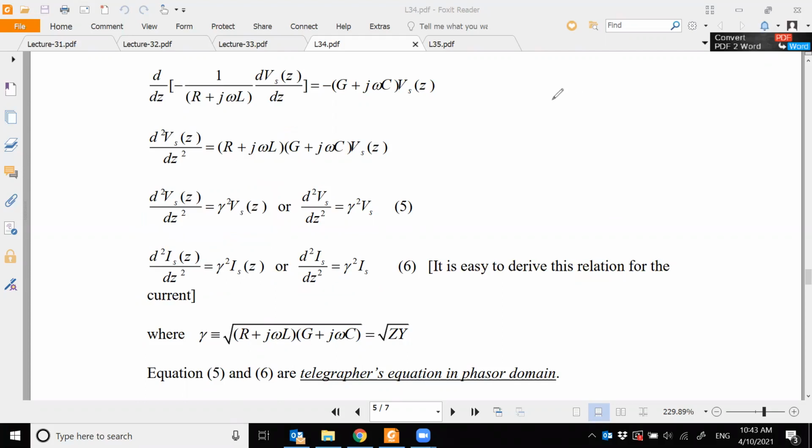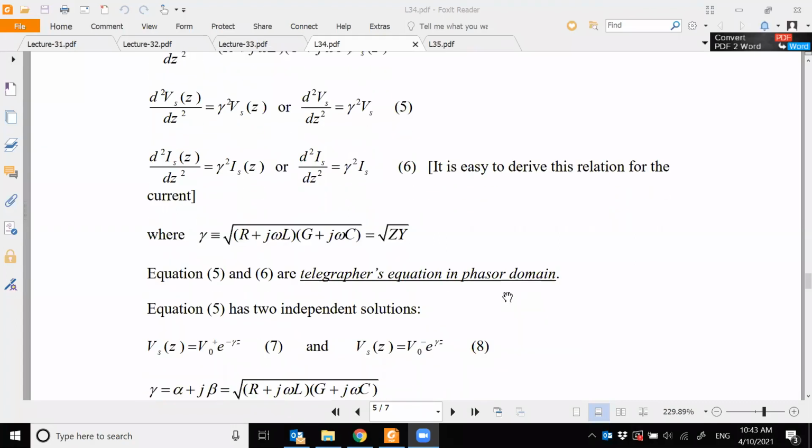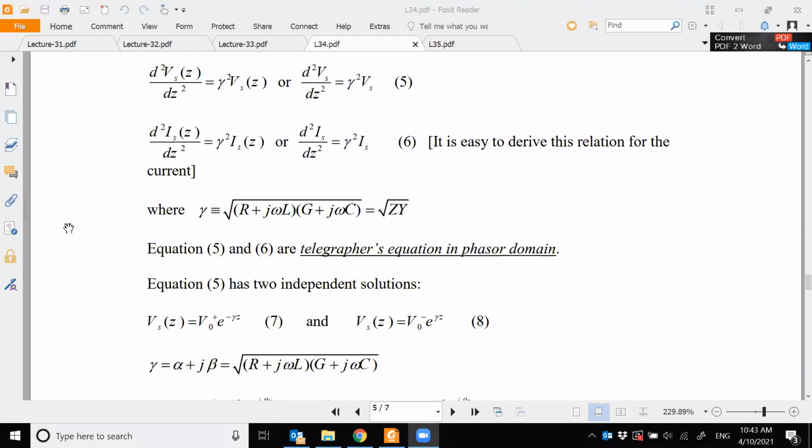Okay, so these equations are now your telegrapher's equations, but now in the phasor domain. Now we need to just solve them. So how do you solve it? It is very straightforward, because this is an ordinary second order differential equation, and its solution is nothing but the exponential. It has two solutions, very similar to our EM wave in the lossy case.